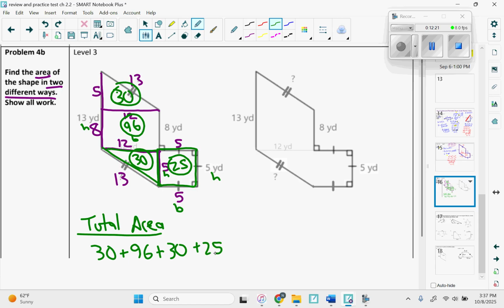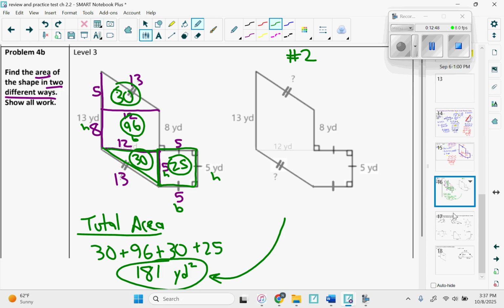And what do I get for an answer? 181 yards squared. So I'll let you try a different way for shape number 2. And you know you did the area right because you should get the same answer as I did it here.